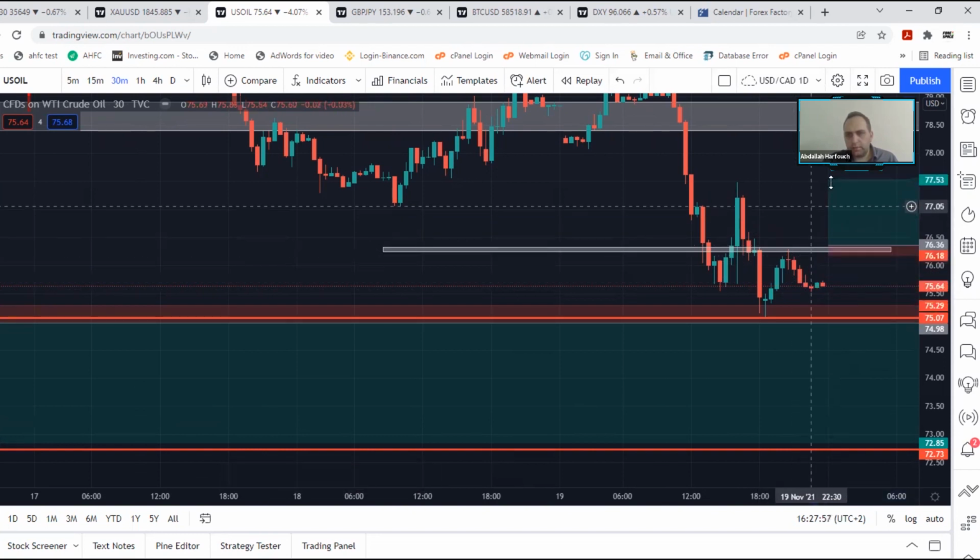Stop loss almost 18 pips, full take profit 100 pips. 76.40 is the buy, 76.50 TP1, 76.80 TP2 and 77.23 TP3. Entry 76.40, stop loss 76.18, and TP1, TP2 as we were saying.